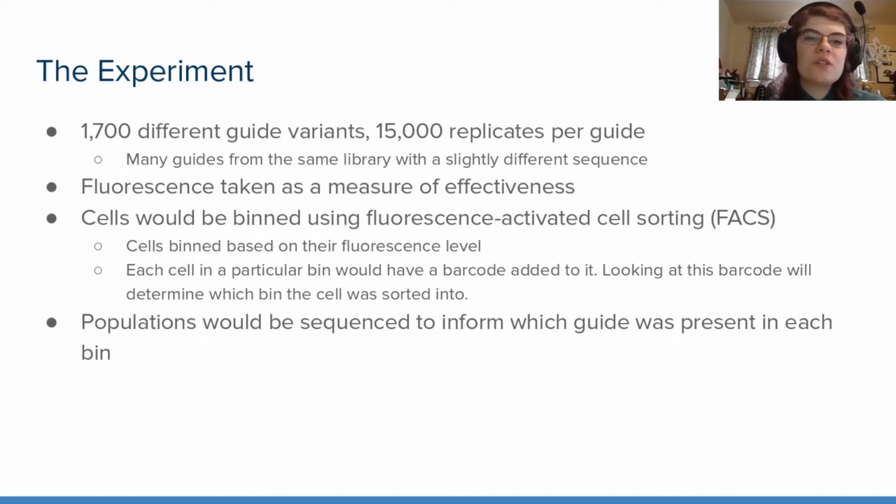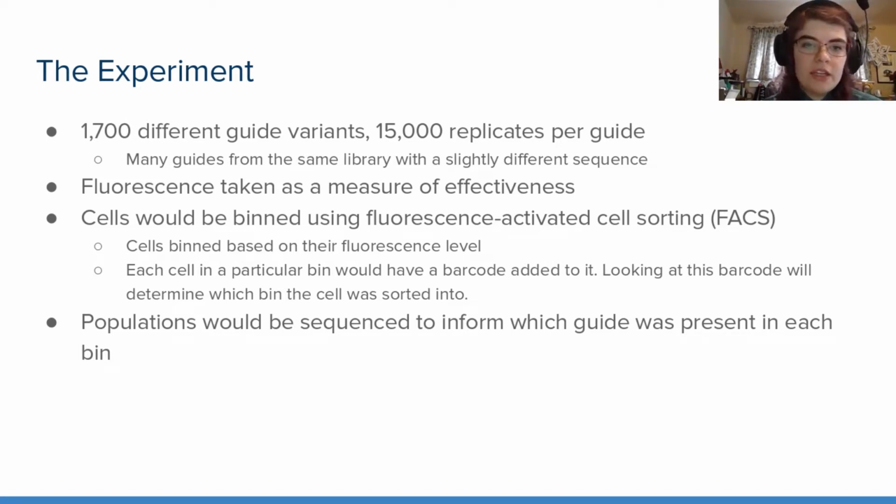Many of those guide RNAs were going to be from the same library with just slightly different sequences. And we would measure the fluorescence, which would be the protein or the product of the gene that was being activated. That would be taken as a measure of the effectiveness.